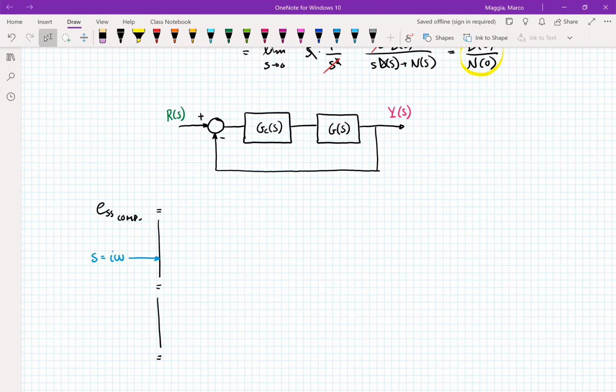Now let's introduce our phase lead or phase lag compensator and recompute the steady state error. Of course, the system is different because we do have a compensator.